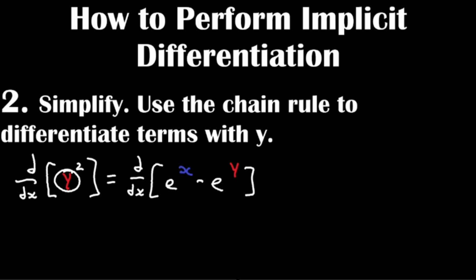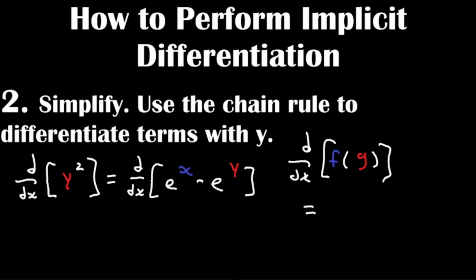So let's remind ourselves what the chain rule is. The derivative of f of g is equal to the derivative of the outside evaluated at the inside, which would be g, so f prime of g, and then you multiply by the derivative of whatever's on the inside.